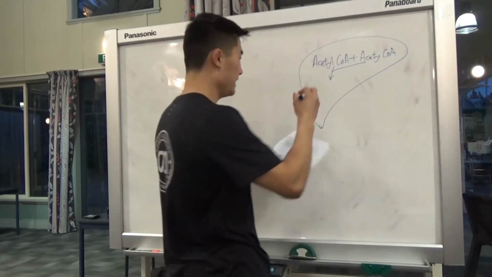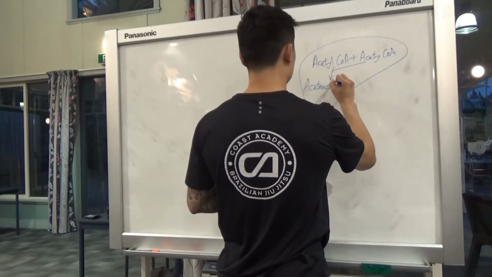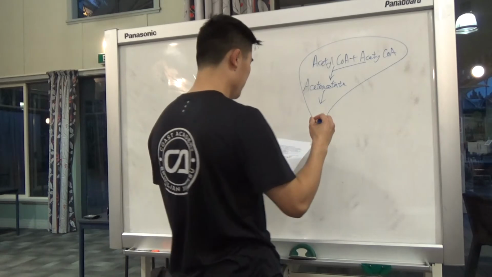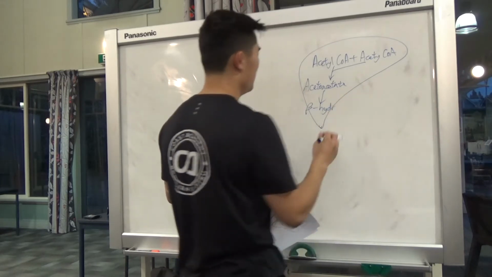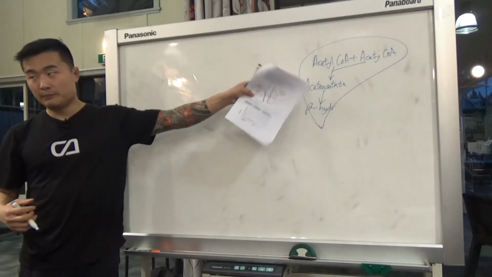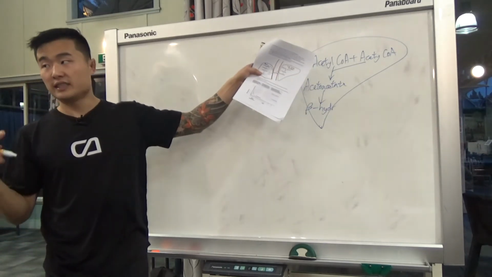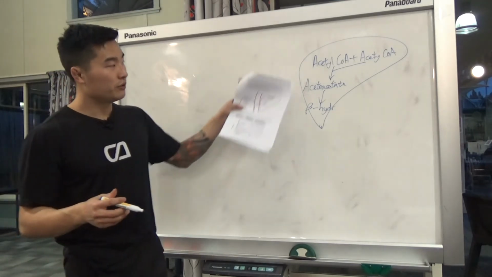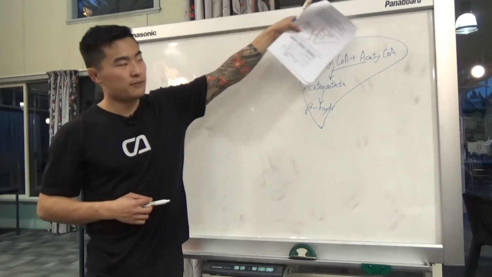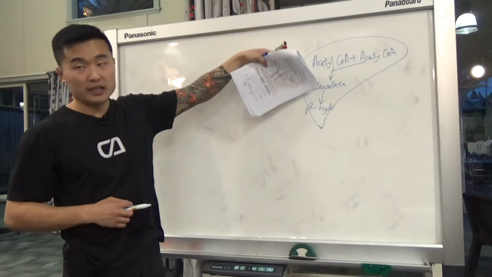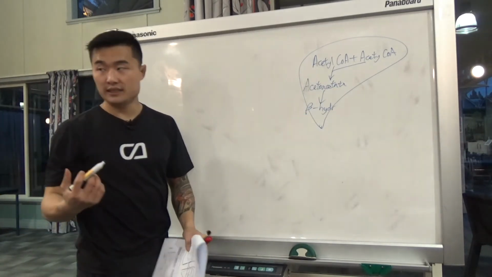So putting them together, you get acetoacetate, which can be turned into beta-hydroxybutyrate. But don't worry about remembering those names. Just keep in mind that these are made from two acetyl-CoAs being put together. So remember, the acetyl-CoA is 2 carbons. So 2 carbons plus 2 carbons means this is a 4-carbon molecule. Okay. And both of these are ketone bodies.